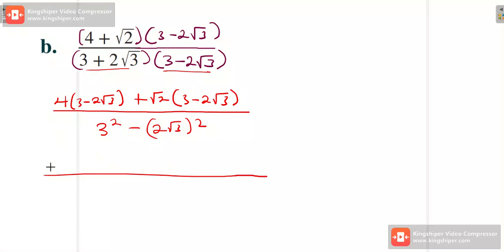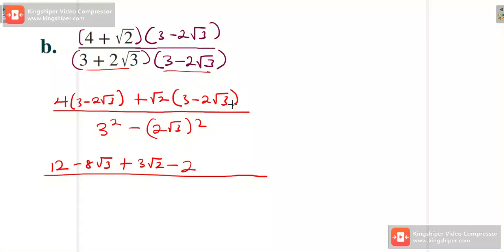Now let us expand the numerator. 4 times 3 is 12. Then 4 times 2 is 8. So minus 8 root of 3. Then plus root of 2 times 3 will give us 3 root of 2. Then we have negative 2 times, so the 2 here will still be here. There is 1 here, so 2 times 1 is 2.